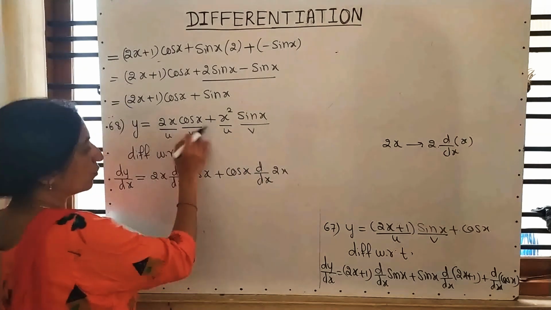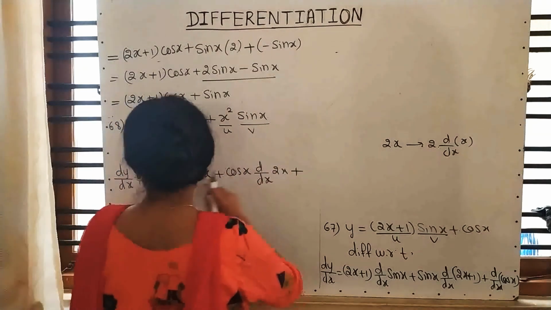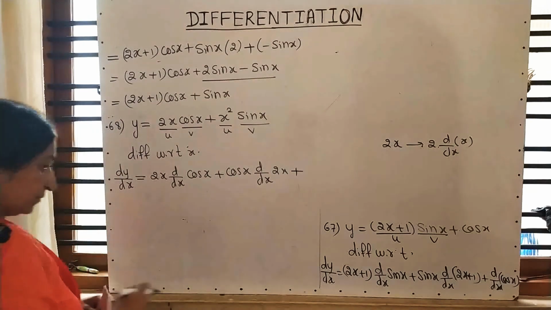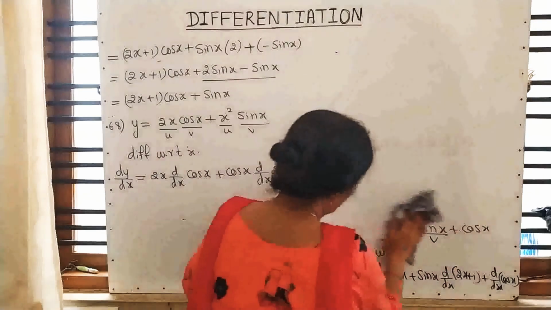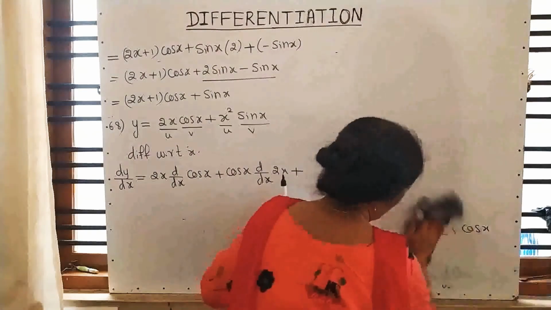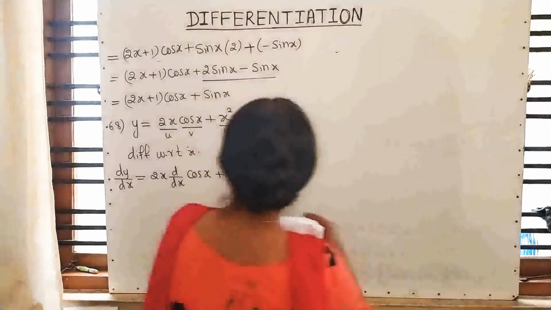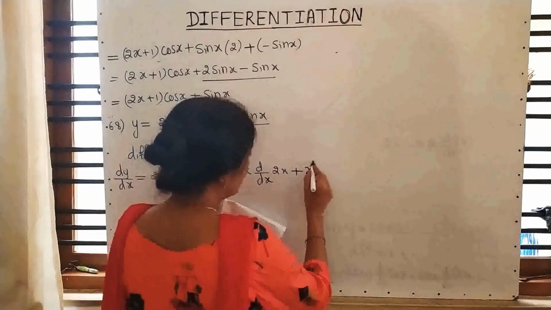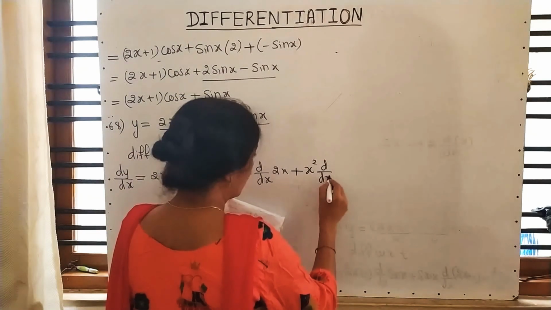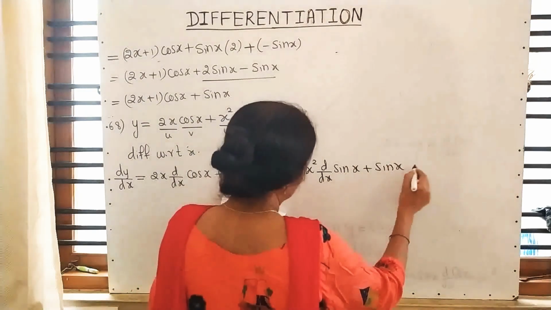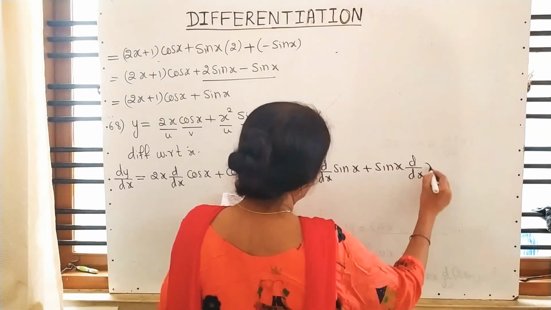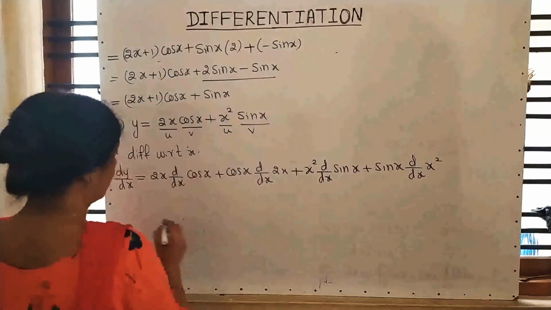Here we completed u into v, middle plus. Again u into v, x square into differentiation of sin x plus sin x into differentiation of x square.